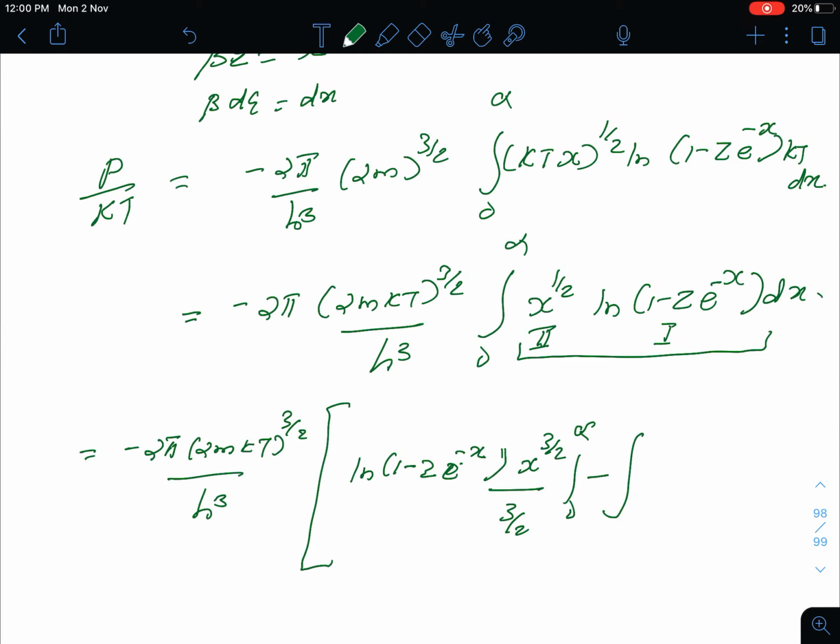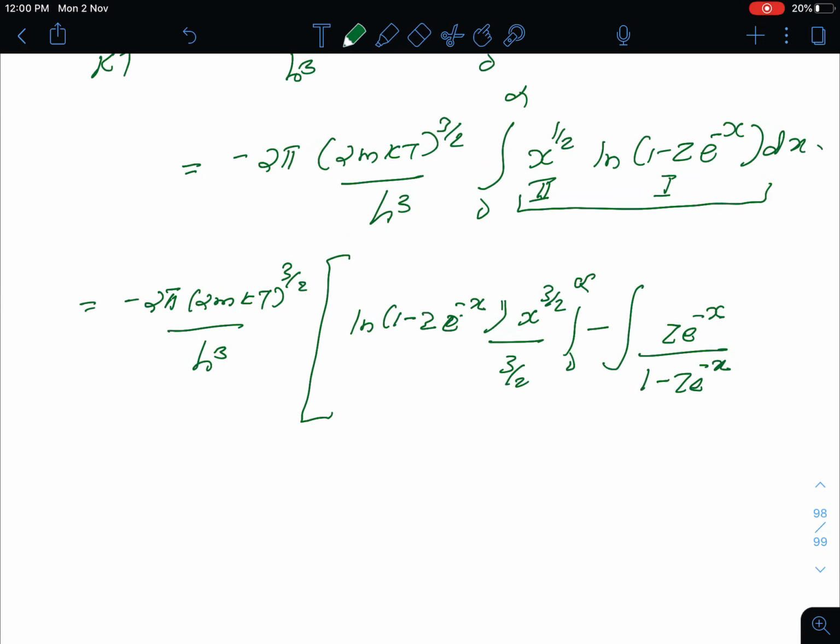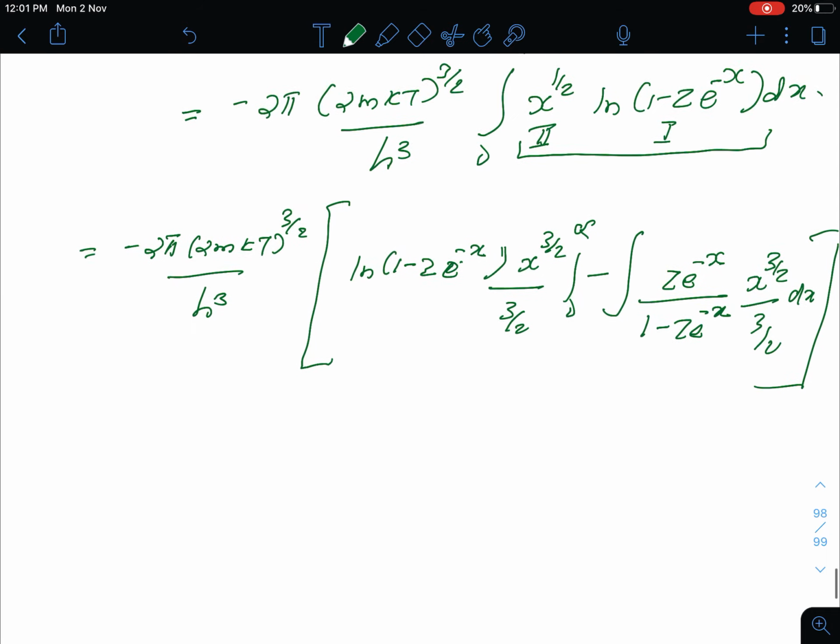That means with respect to x we are integrating, so 1 minus z e raised to minus x, z e raised to minus x, you have a minus, so that becomes minus itself into integral of the second function, x raised to 3 by 2 by 3 by 2 dx. So this is what we get. Okay, good. I think it's clear.